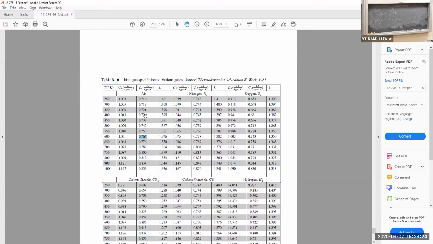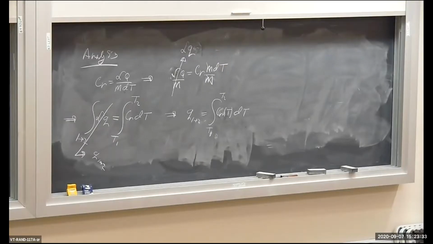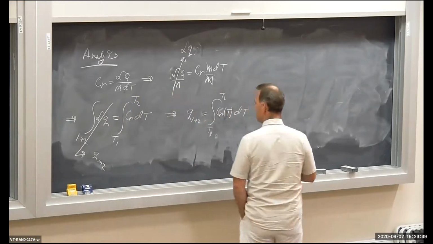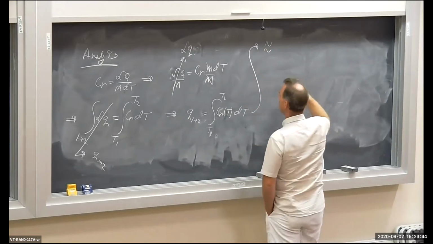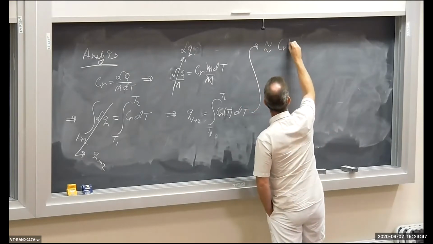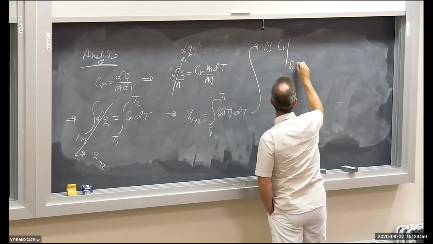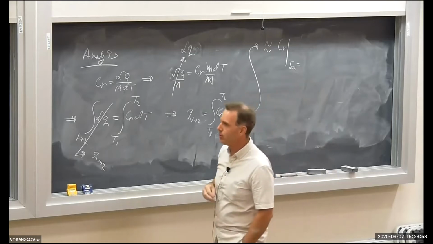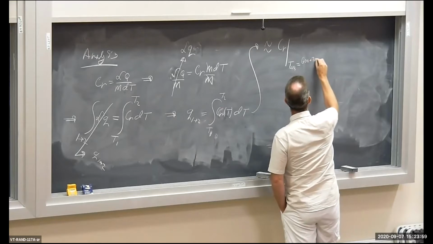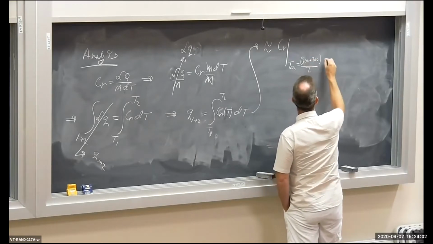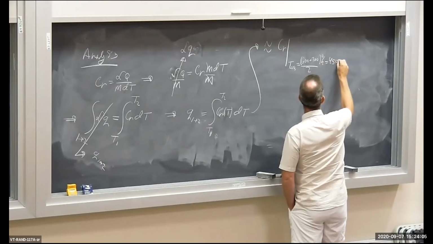We're going to evaluate our specific heat at the average temperature. This integral is approximately equal to CV evaluated at an average temperature. The average temperature is 600 plus 300 divided by 2, or 450 Kelvin.